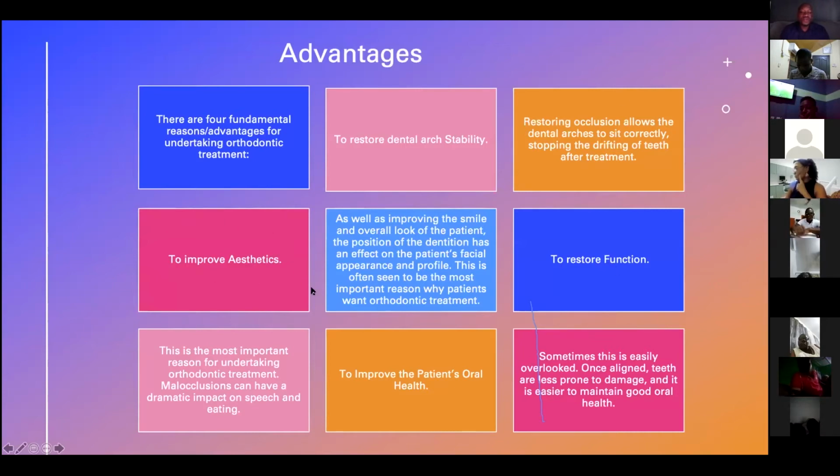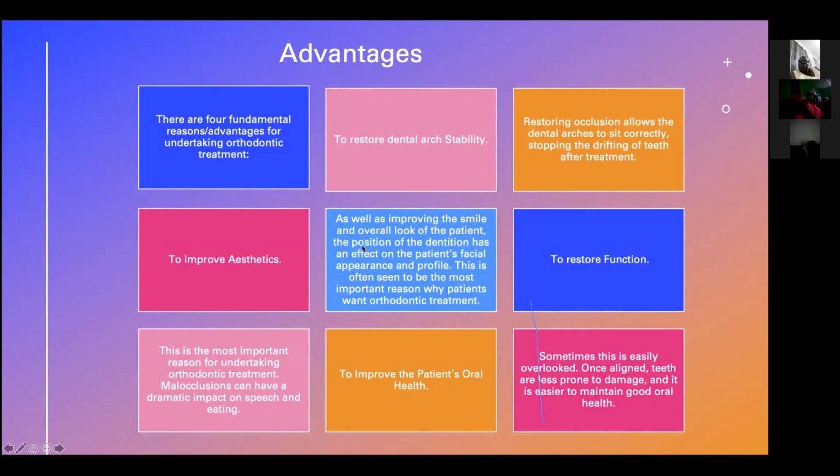Secondly, to improve aesthetics, as well as improving the smile and overall look of the patient, the position of the dentition has an effect on the patient's facial appearance and profile. This is often seen to be the most important reason why patients want orthodontic treatment.